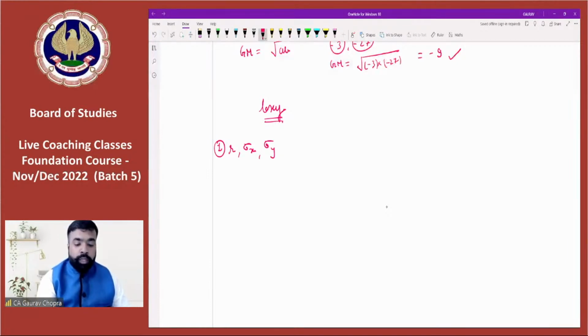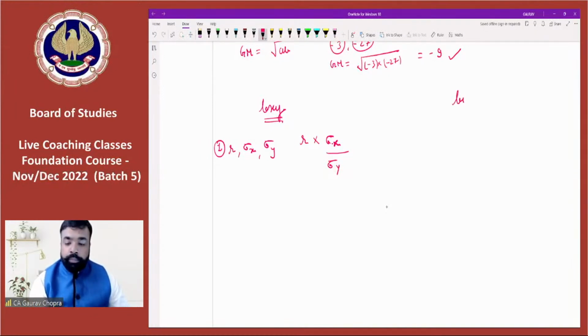So what will be the formula? r multiplied by sigma x upon sigma y. And similarly, byx will be r multiplied by sigma y upon sigma x.